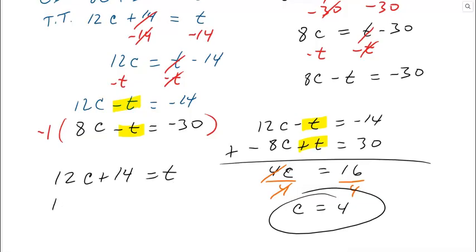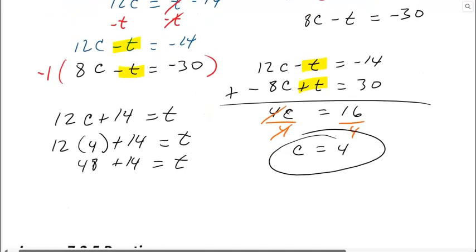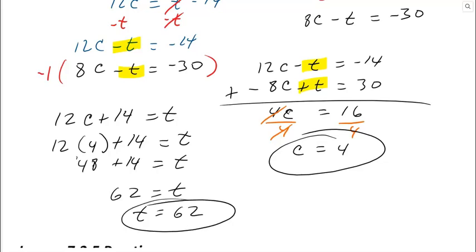C is 4, so it'll be 12 times 4 plus 14 equals T. 12 times 4 is 48, plus 14 equals T, and 48 plus 14 is 62. So T equals 62.